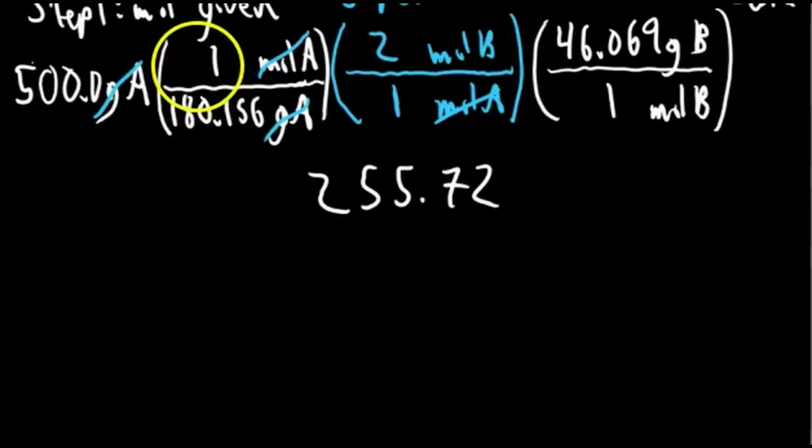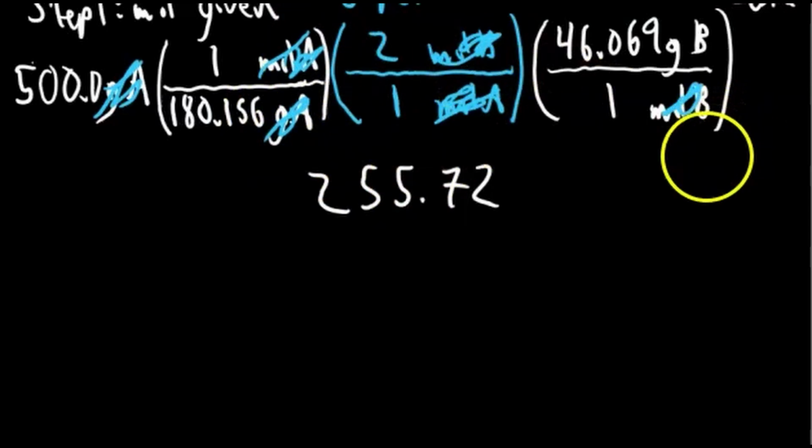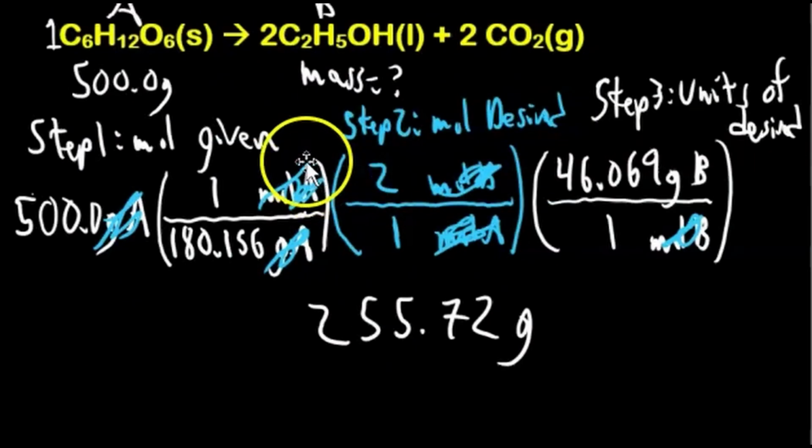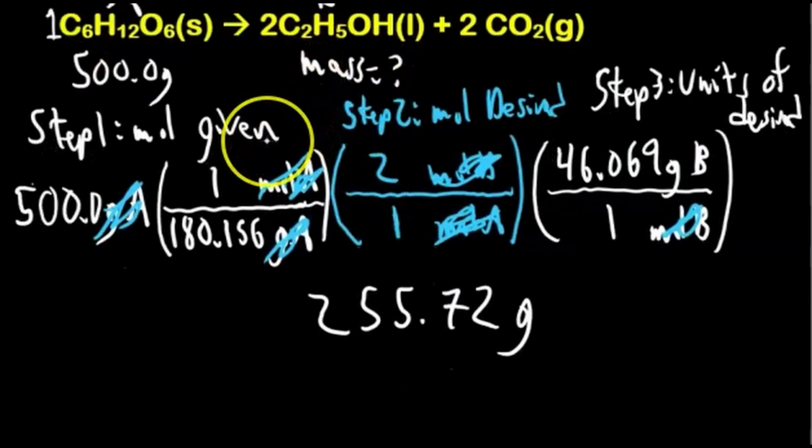Now we need to figure out what the units are. Grams of A cancels out with grams of A. Moles of A cancels with moles of A. Moles of B cancels with moles of B. Since everything's canceling, you know we've done something right, and we're left with the units that we want. Grams of B. And what is B? B is ethanol, C2H5OH.